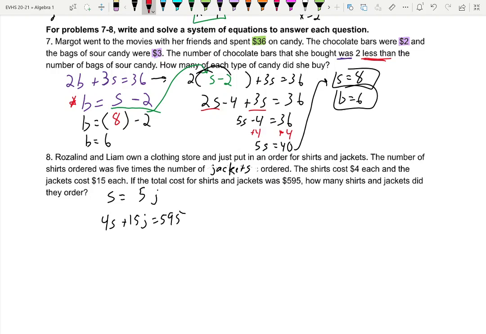Okay, so we're going to solve this system. And it looks like I've already got S equals, so that's my star equation. Now let's go ahead and substitute in 4. Instead of S, I'm putting parentheses, plus 15J equals 595. Now we're going to substitute that in, so the S gets replaced with 5J.